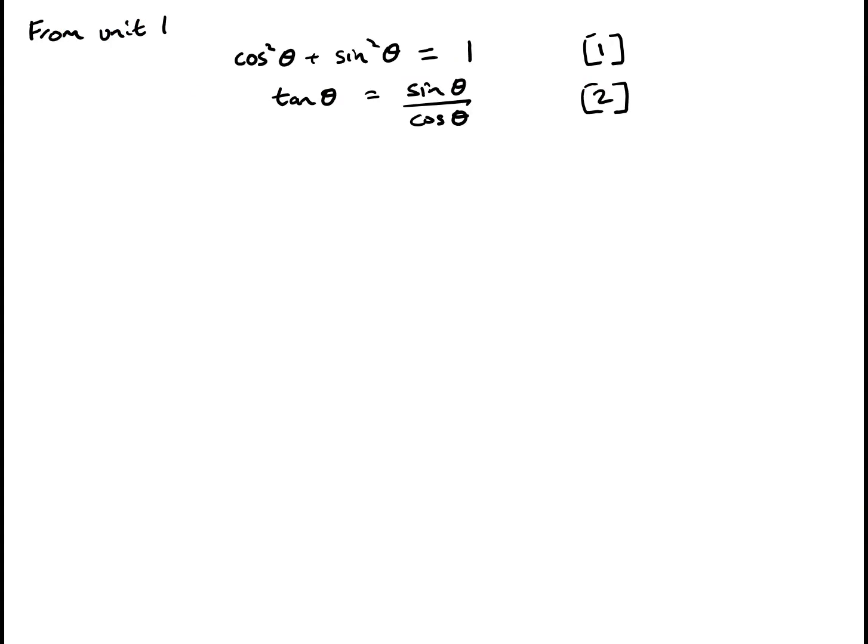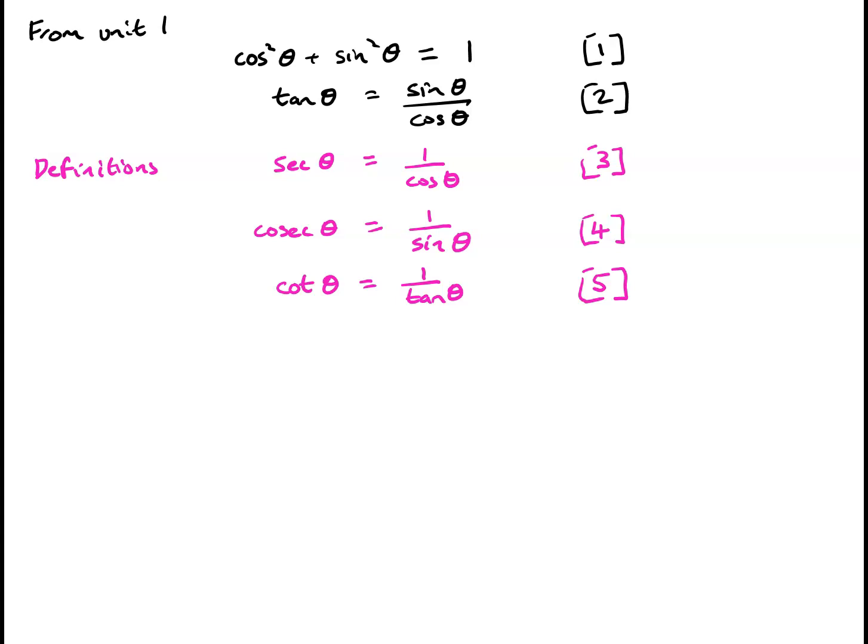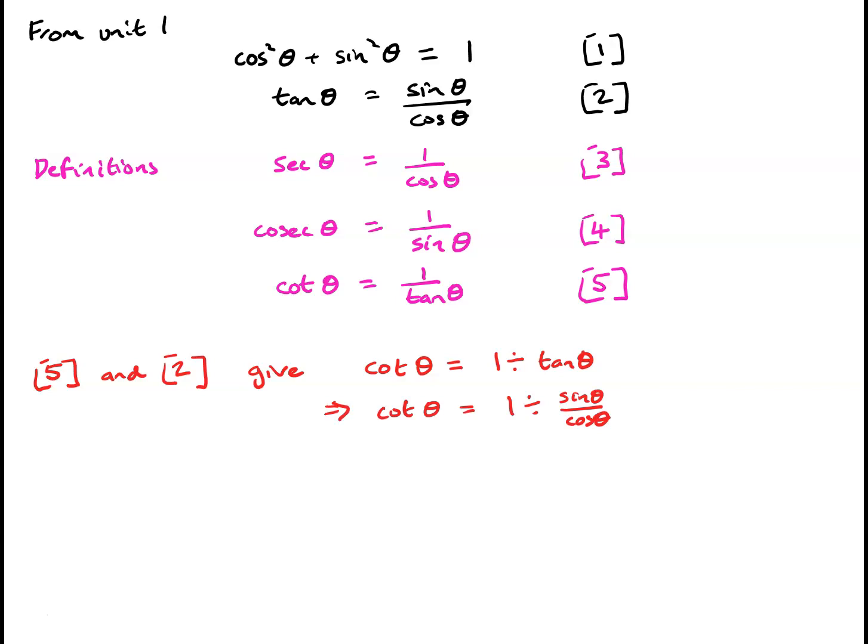Now from Unit 1 of our maths studies, we've come across the identities that cos squared theta plus sin squared theta is always equal to 1, and that tan theta is always equal to sin theta divided by cos theta. Recently, we've introduced the definitions of sec, cosec theta and cot theta. If we now look at equation 5 together with equation 2 that we've got here, then we obtain cot theta equals 1 divided by tan theta, or cot theta equals 1 divided by sin theta over cos theta.